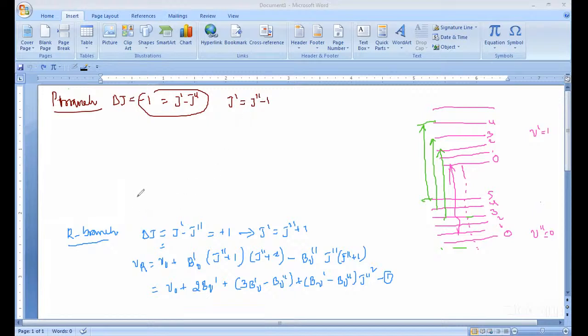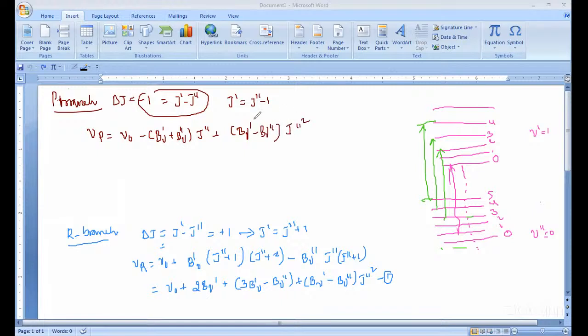Similarly, the equation for the P branch can also be written. I'm writing directly: nu P is equal to nu naught minus (B nu dash plus B nu double dash) into J double dash plus (B nu dash minus B nu double dash) into J double dash square.